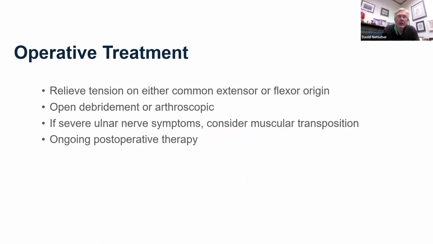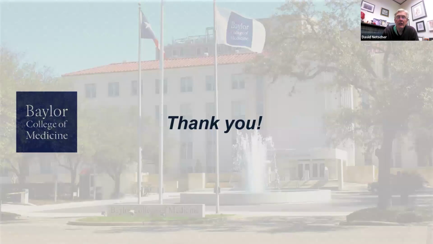And then occasionally we'll do operative treatment just because it's not getting better, or they've got a very significant tear. And we've got two choices. One is doing arthroscopic debridement of the ECRB from within the joint versus an open surgery. So that terminates what we've had to do.